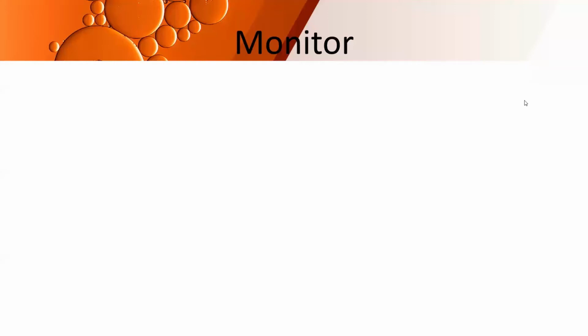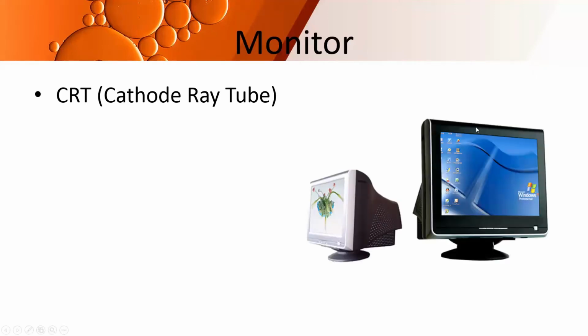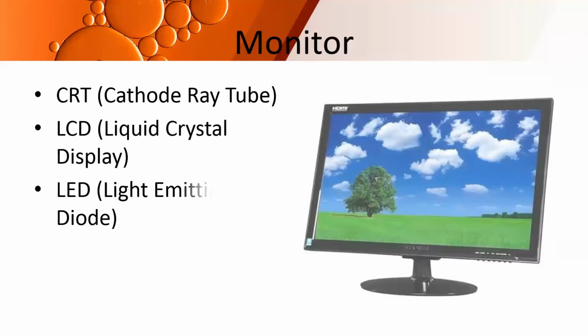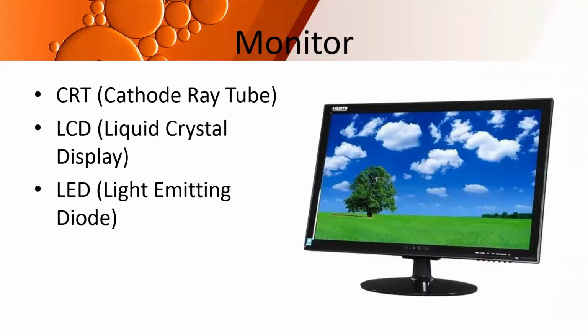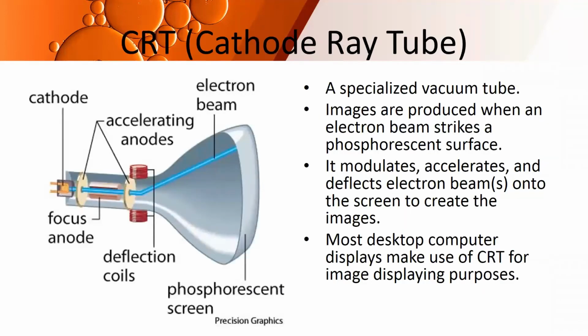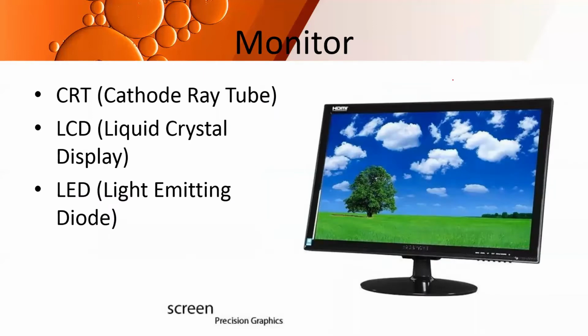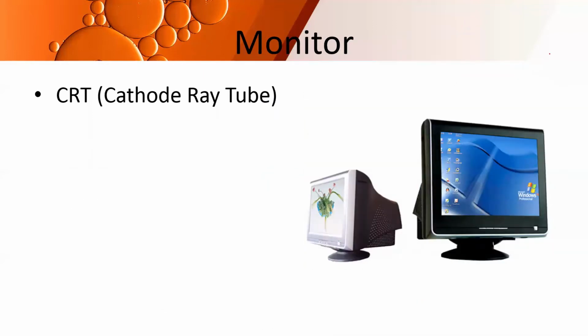Next is, we were talking about a monitor the other day, in which we talked about a few types of monitors. So I'm going to discuss cathode ray tube today. So how a cathode ray tube works. You can see over here in this small image, this is the inside of your CRT monitor. Actually, your CRT monitor looks like this.